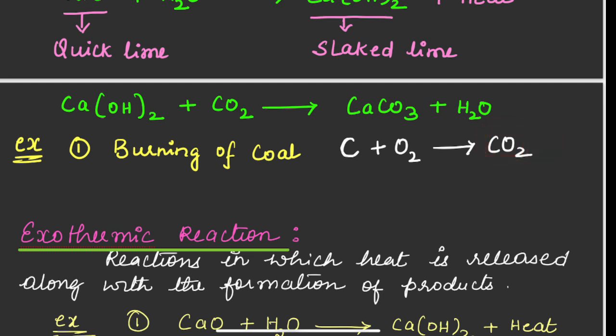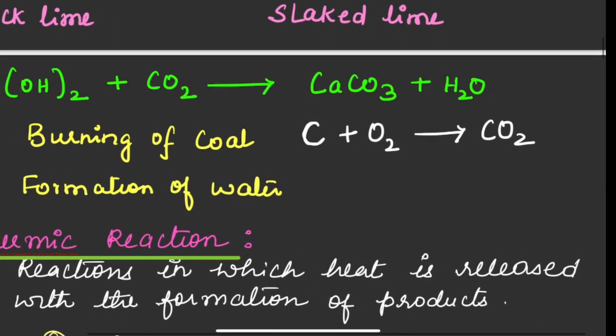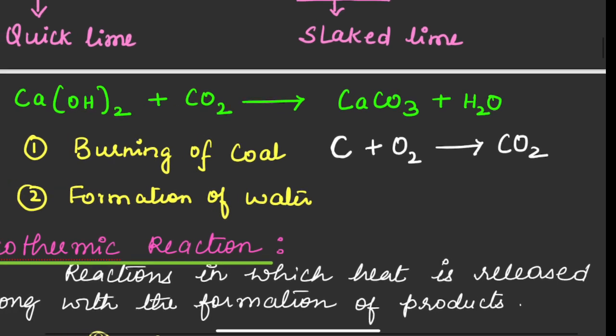Let us study one more example. The second example here is formation of water. For the formation of water, what is the equation? Let us write hydrogen H2 gas plus O2 gas.